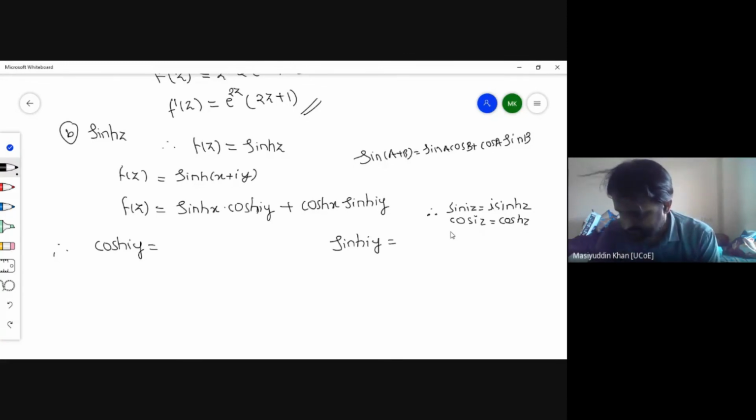So we have to use the same concept here, but here it is given in a hyperbolic format, so we have to use the hyperbolic concept.